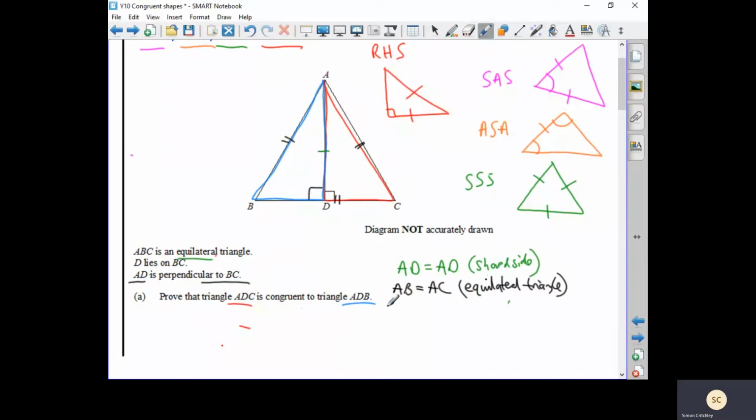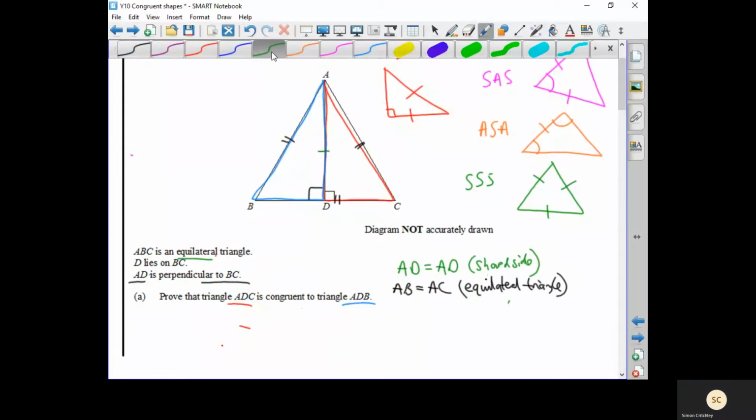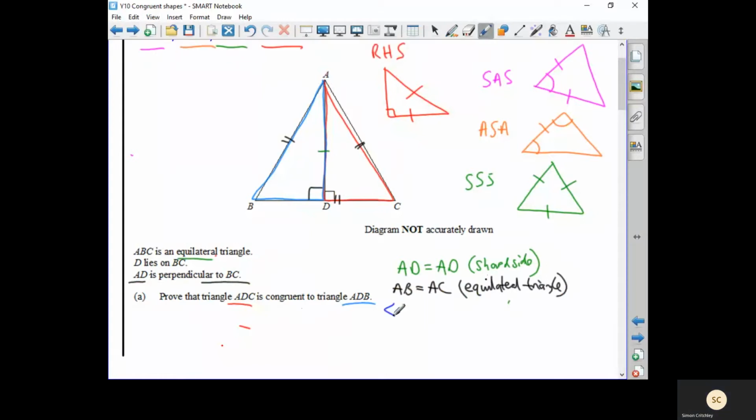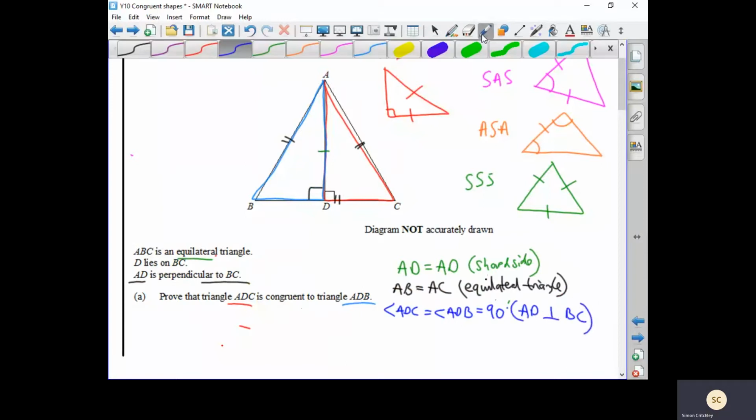So we can say that angle ADC equals angle ADB, and they're both equal to 90 degrees. The reason is that in the question AD is perpendicular to BC. The symbol for perpendicular is that one. That's my reason.